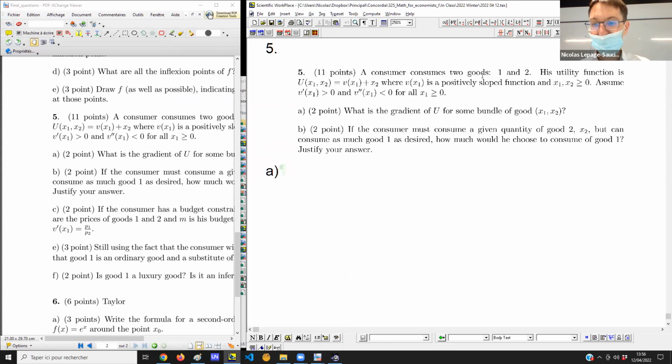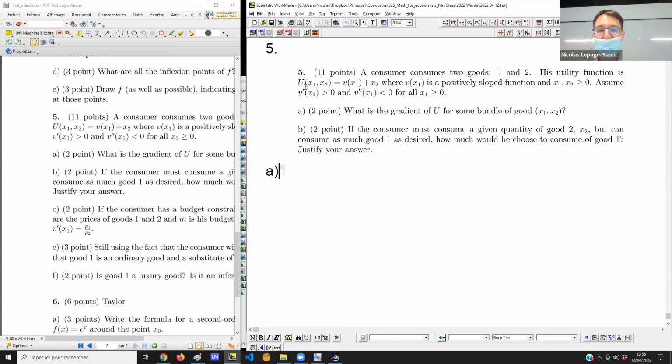A consumer consumes two goods, 1 and 2. The utility function is quasi-linear, so it's the same as in the homework assignment. Here v of x1 is a positively sloped function. And of course, the quantities are at least 0, but they have to be positive.